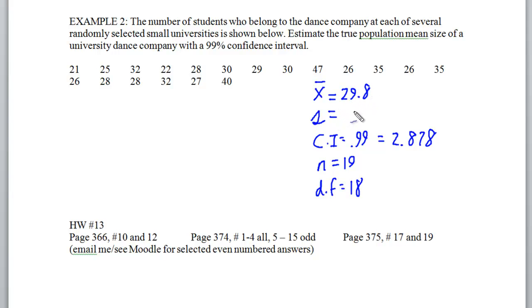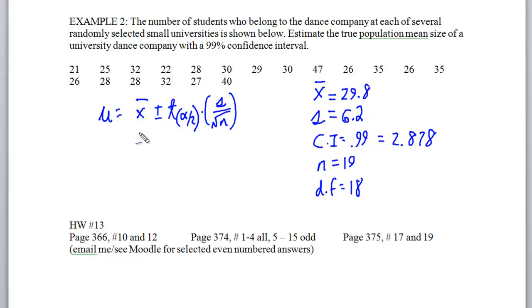And our standard deviation of this small sample is going to be 6.2, which means that our average for our entire population is going to be our sample average plus or minus our t sub alpha divided by 2, which is 2.878, multiplied by the standard deviation divided by the square root of our sample size.